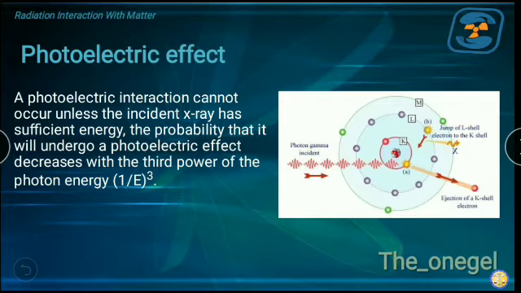The end products: first, the photoelectron; next, characteristic radiation, because the photoelectron comes from the inner shell, so the outer shell electrons fill the vacancy, producing characteristic radiation. And because there is ionization, we have an ion pair: the photoelectron, which is a negative ion, and the atom where the electron was removed, which becomes a positive ion.